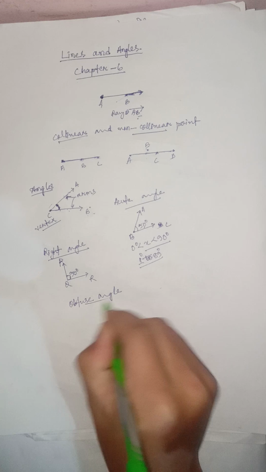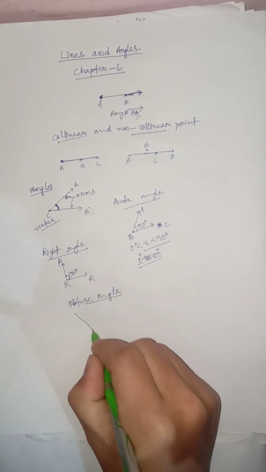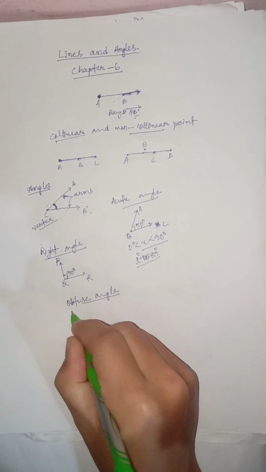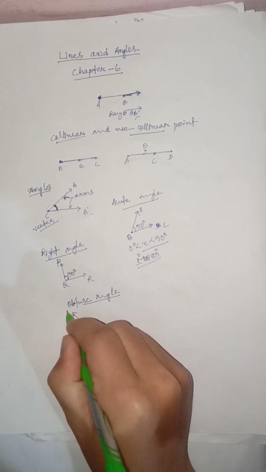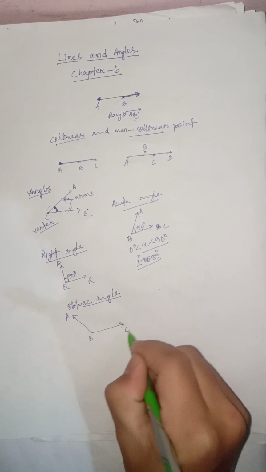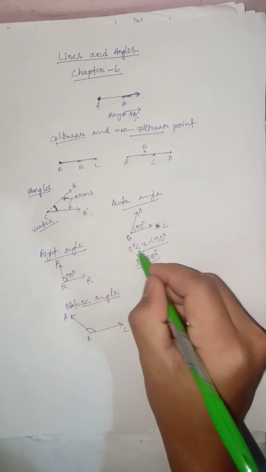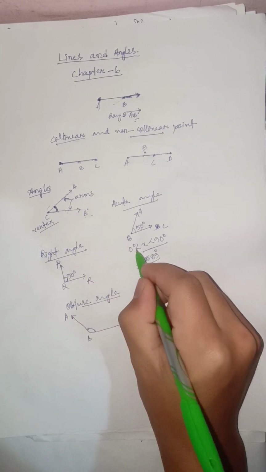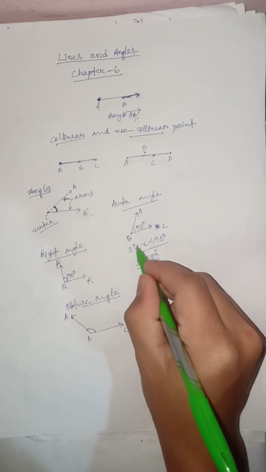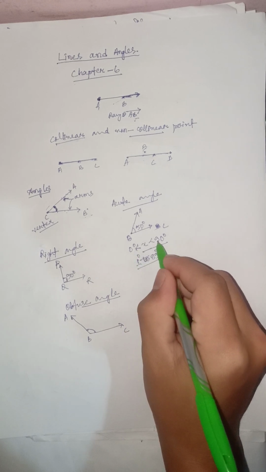In case of an obtuse angle, let me draw it like this again. A, B, C. In case of an acute angle, it is measured from this up to this one, greater than 0 but less than 90 degrees.